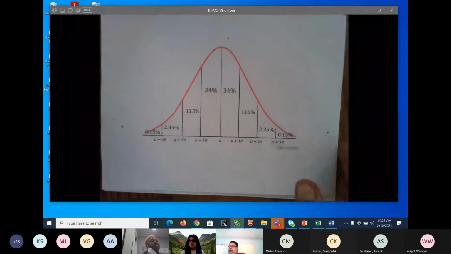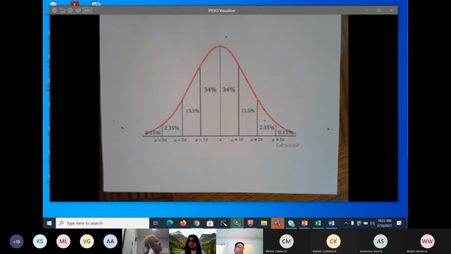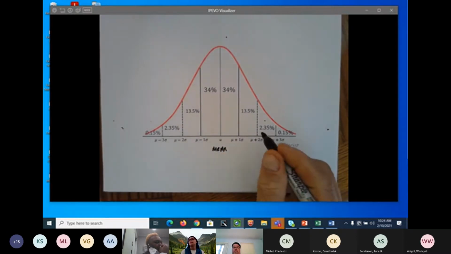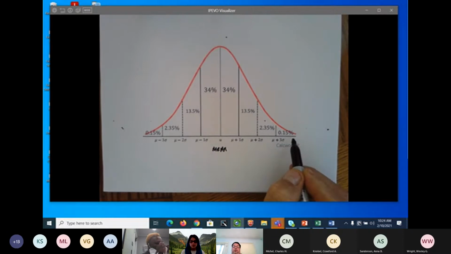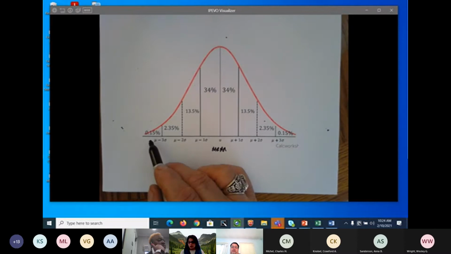And I'm going to show you the first thing that you need to learn about the normal curve. And that is the bottom. What about the bottom, Hubert? The bottom is filled out by the mean. And then you add the standard deviations on the right, and you subtract the standard deviations on the left.